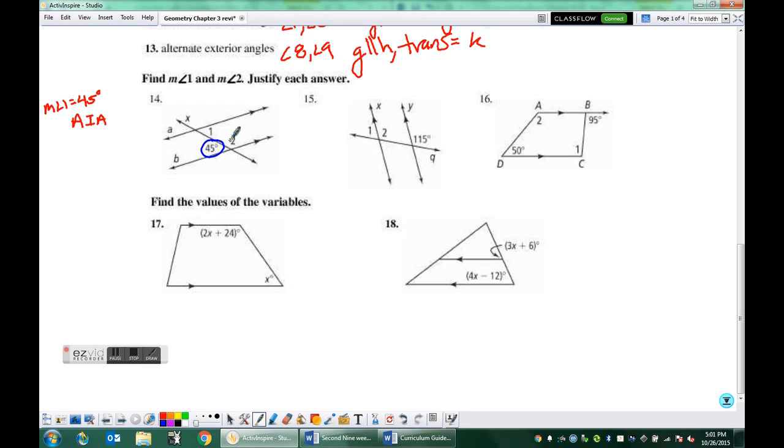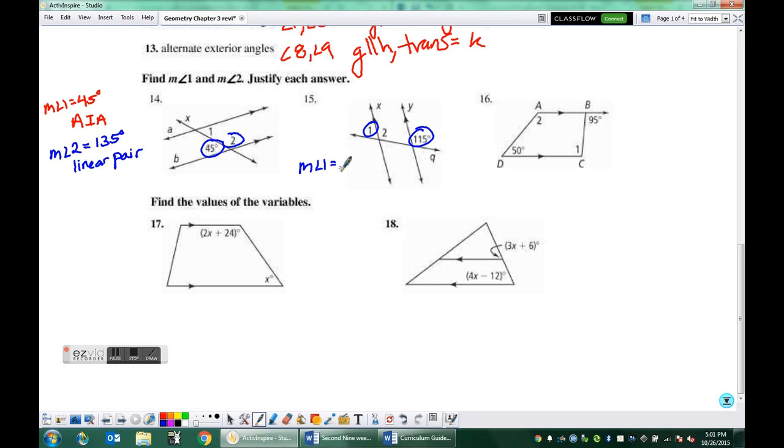Now if I look at the 45 degrees and the angle 2 there, those are a linear pair, which means they add up to 180 because they're supplementary. So I would have 180 minus the 45 degrees, which gives me 135 degrees. So it's a linear pair.